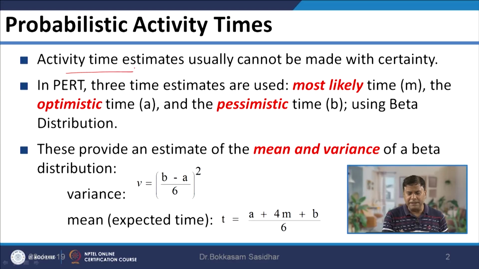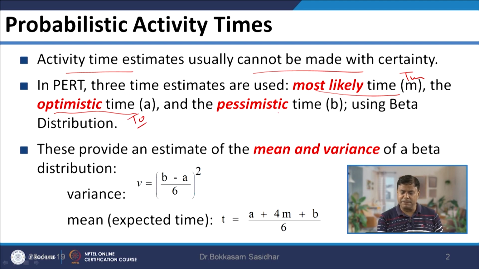So, in light of this, the activity time estimates usually cannot be made with certainty, and that is why it considers three types of time values: the most likely time, that we write as TM, the optimistic time TO, and the pessimistic time TP.